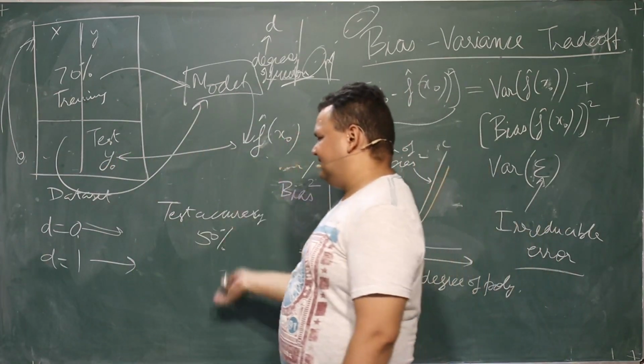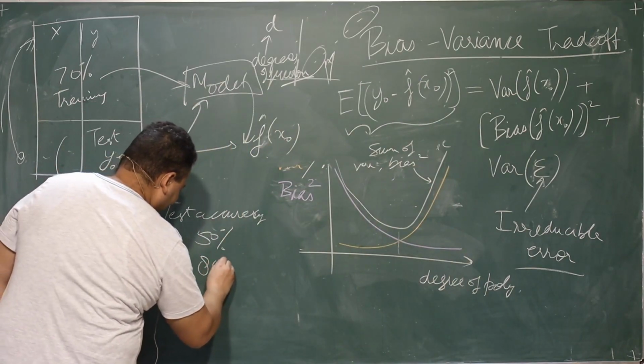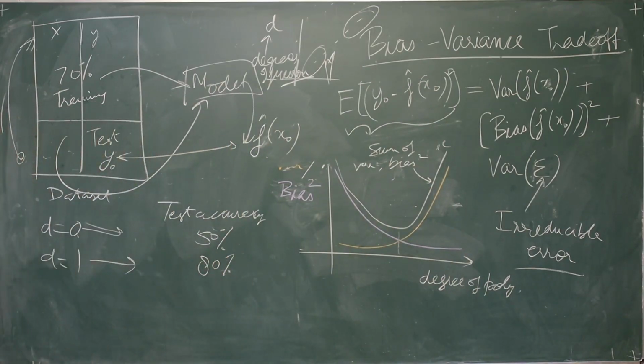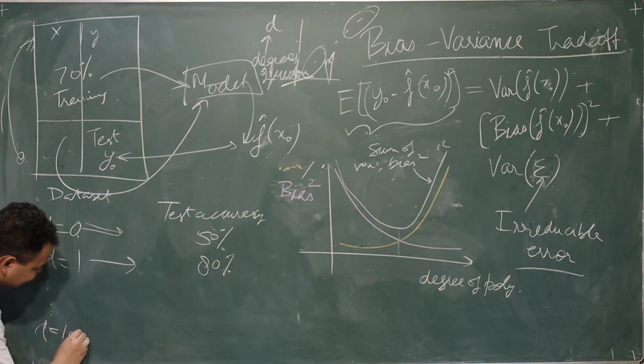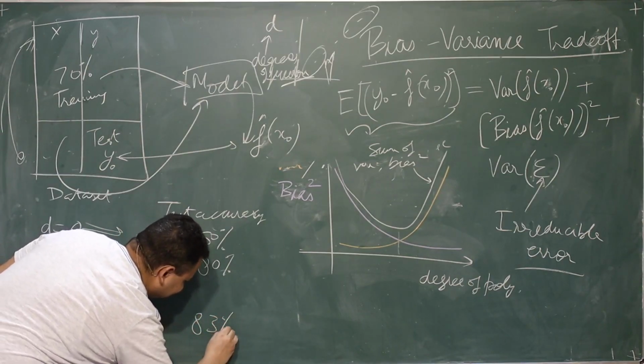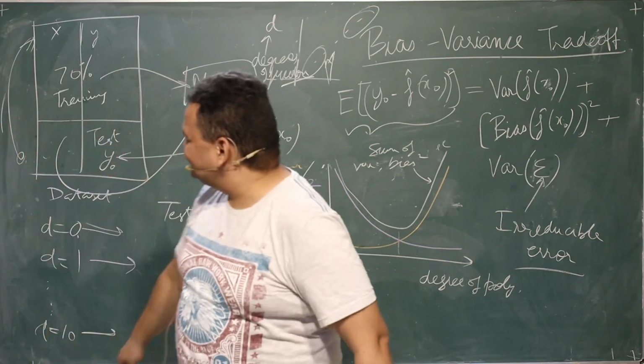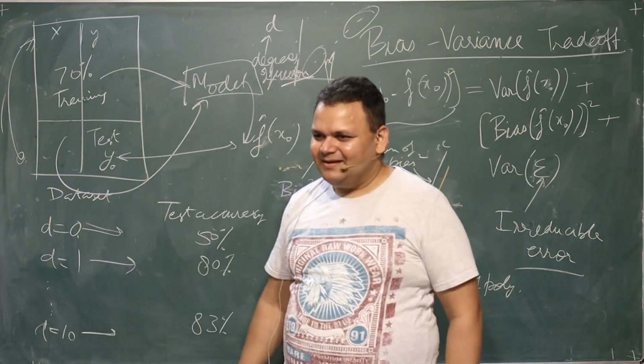Let us say it improved, maybe it became 80%. And you keep on going. D equal to 10, your test accuracy was, let us say, 83%. Maybe 10 is a reasonable number. We stop there.